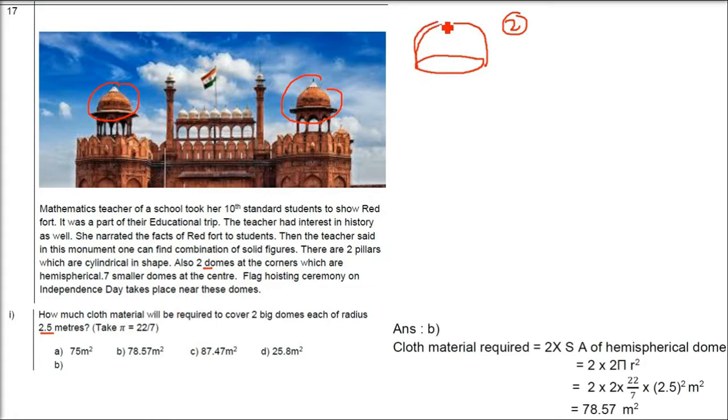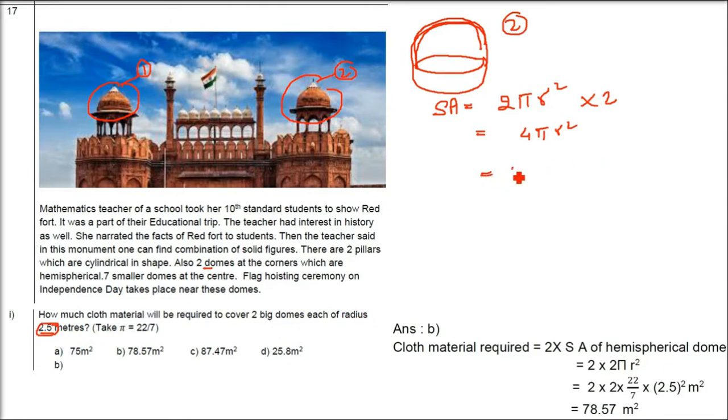So what is the cloth material required? We need the surface area, because the surface is what you are going to cover. Surface area is 2 pi r square for a hemisphere, but there are two domes, so multiplying it by 2, it will be 4 pi r square. Basically you are dealing with a whole sphere, and a whole sphere has 4 pi r square.